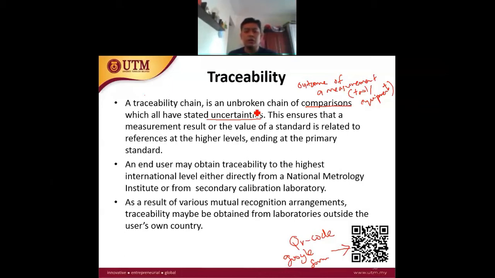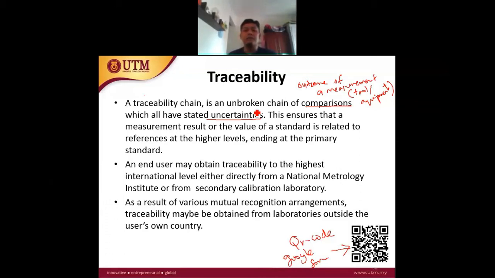Those are included in the uncertainty. There are methods to determine the uncertainty of a measurement. Some methods use the experimental approach, by identifying the variables, making measurements, and from the measurements extracting the uncertainty.